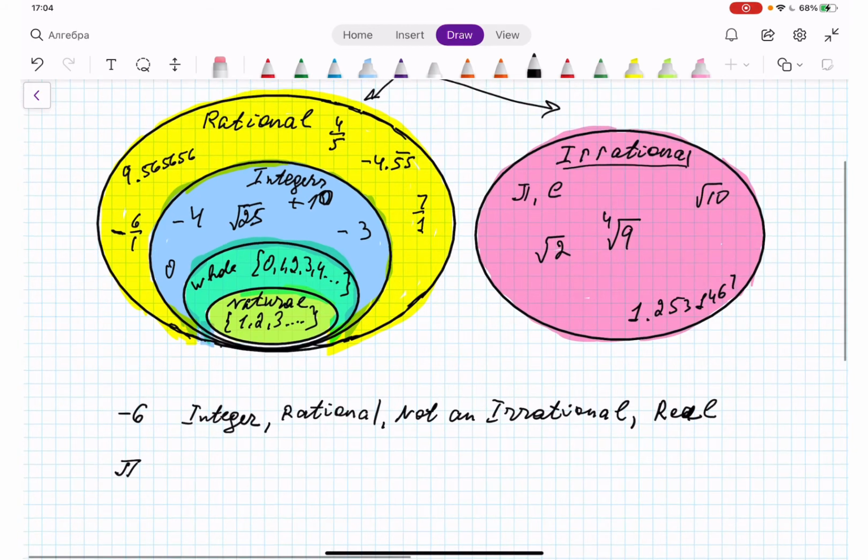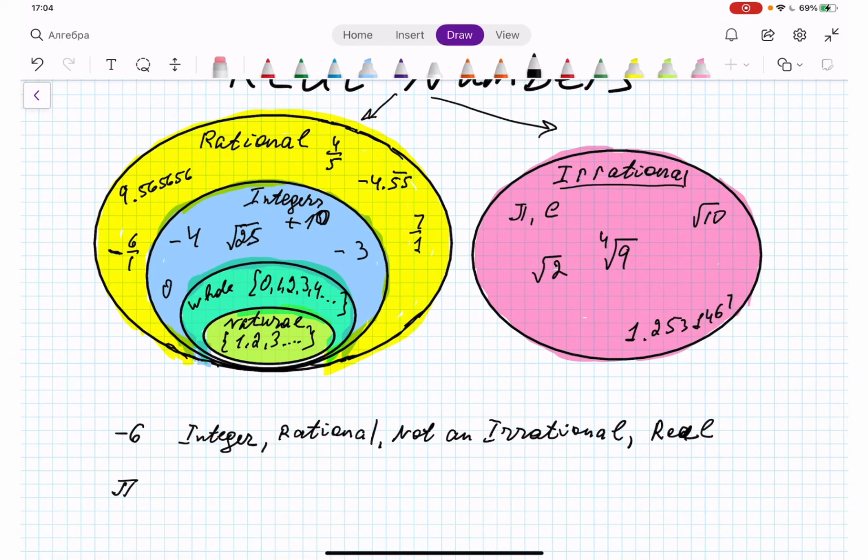No, it's not an integer because you can see integers are in a separate ellipse. So it's irrational, so it's not an integer. Is it rational? No, it's not, because rational is in the yellow ellipse, and integer in the blue. So not rational.